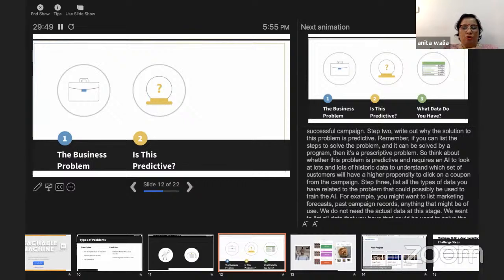Where they already know from the last campaign that these are the people who will get attracted and how they can get influenced, and whether it is a failed campaign or a successful campaign will give them certain insight. So you basically require an AI to look at a lot of historical data to understand which set of consumers will have a higher probability to click on the coupon which you're offering through the campaign.